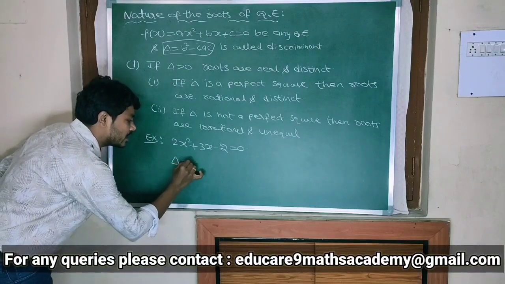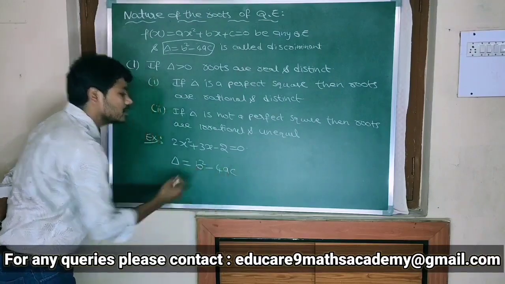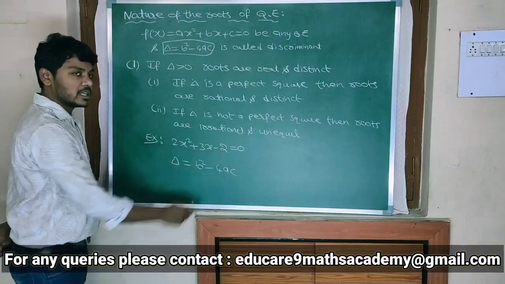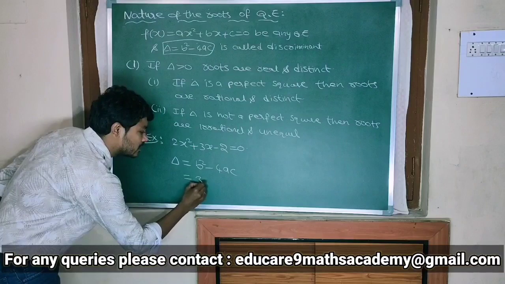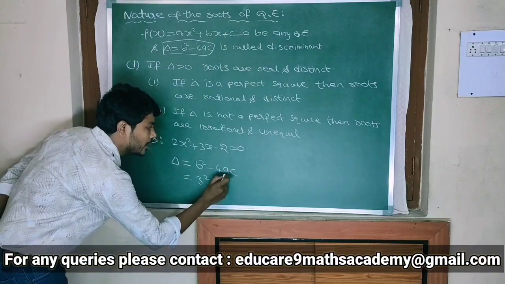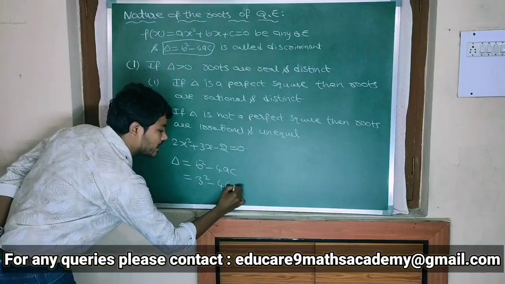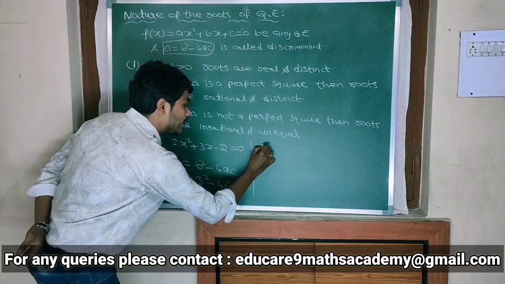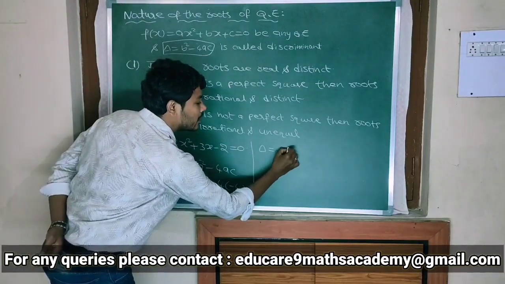Delta is b square minus 4ac, comparing this equation with ax square plus bx plus c. Clearly b value is 3, so we get 3 square minus 4 into a into c, that is 2 into minus 2, which is minus 4. So delta is 9 plus 16, 25.